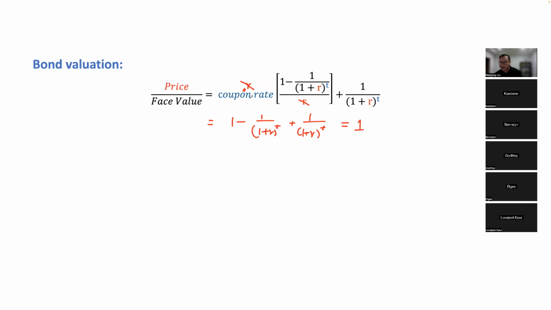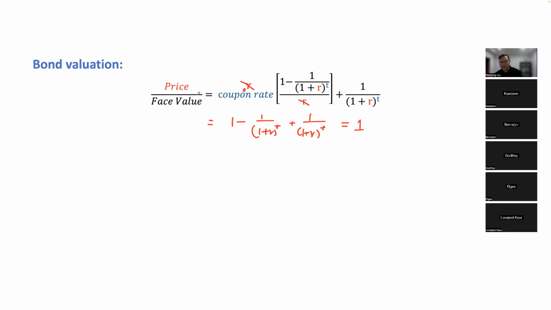So when the coupon rate equals R, the market rate, the price divided by face value equals 1. This tells us the price equals the face value.